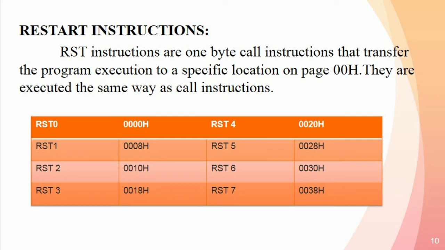When an RST instruction is executed, the 8085 stores the content of the program counter on the top of the stack and transfers the program to the restart location. These instructions are generally used in conjunction with the interrupt process. The list of 8 RST instructions is as follows: RST0, RST1, RST2, RST3, RST4, RST5, RST6 and RST7.